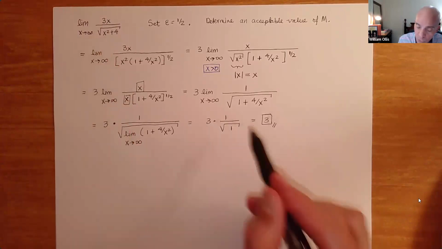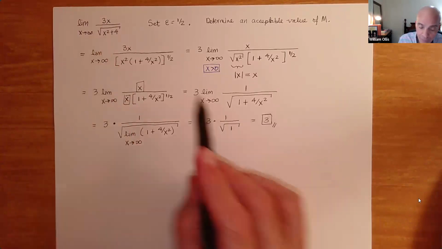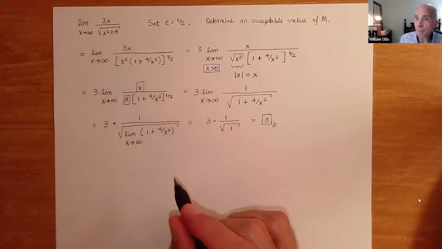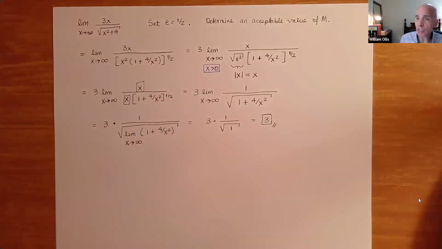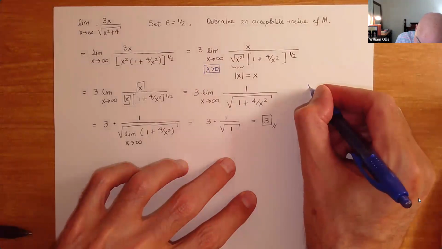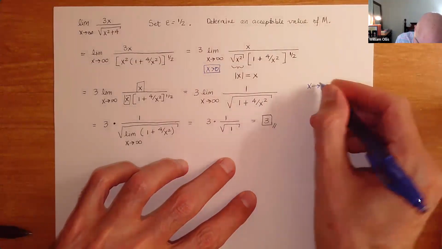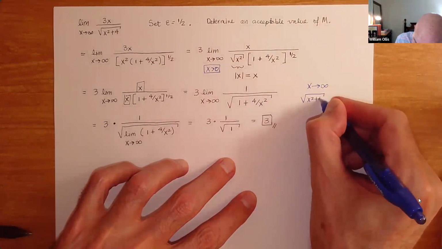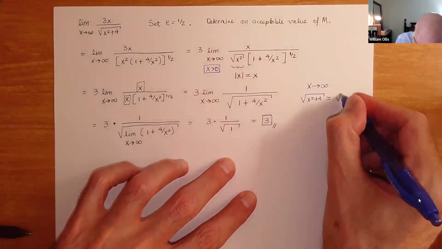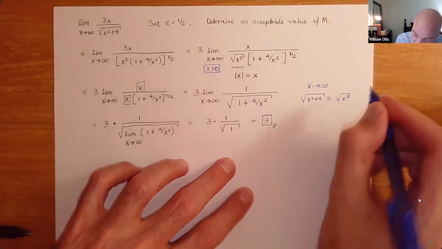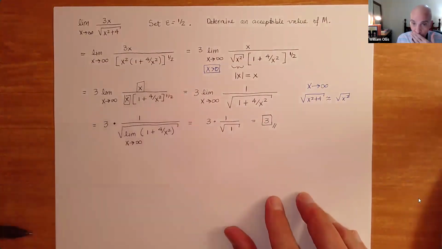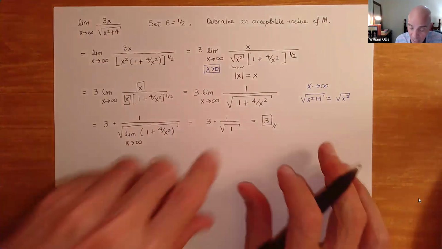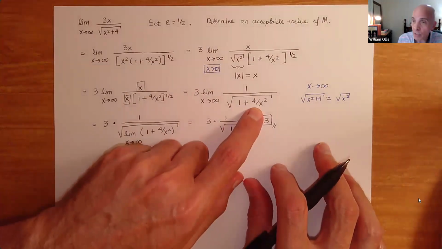So what's interesting here is that we now can pass to a function that is the actual limiting function. Like what I said before, as x passes to infinity, we just say that the square root of x squared plus 4 is approximately the square root of x squared. And that's really what we're using in our algebra here, because we see this term passing to 0.